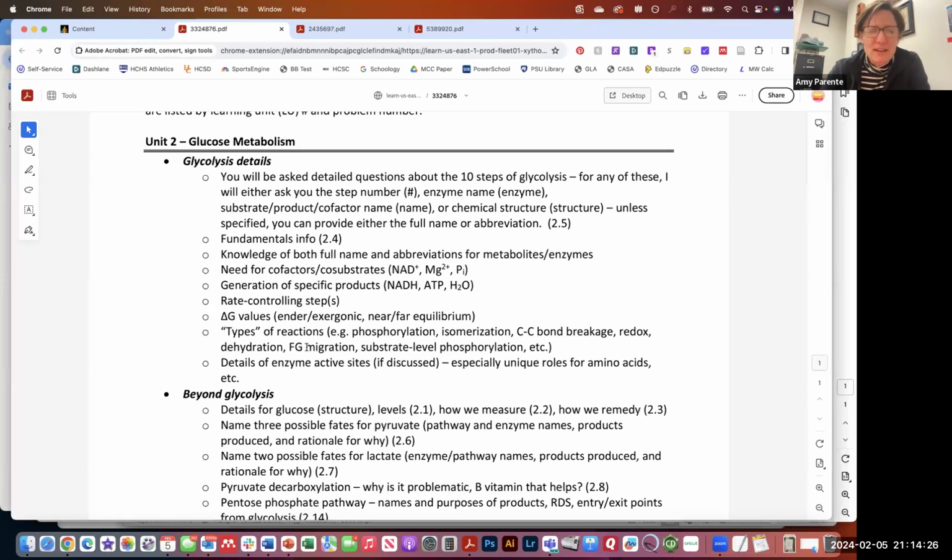And then be able to think about the types of chemistries that are happening, right? As you are learning glycolysis here, hopefully you're thinking about, okay, hexokinase, that's a phosphorylation step. Kinases are using ATP to transfer a phosphate onto an OH group, right? So be able to think about the different kinds of chemistries. When we have functional group migration, I know that's going to be a mutase enzyme.